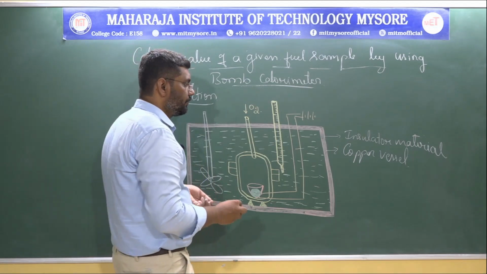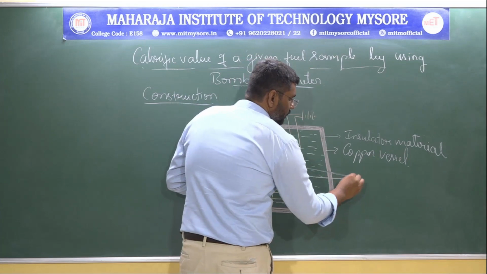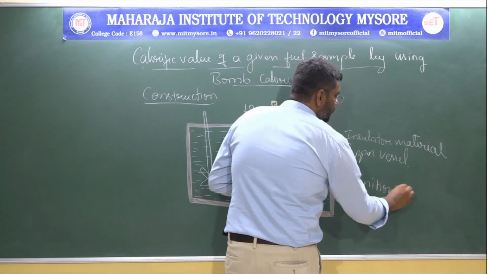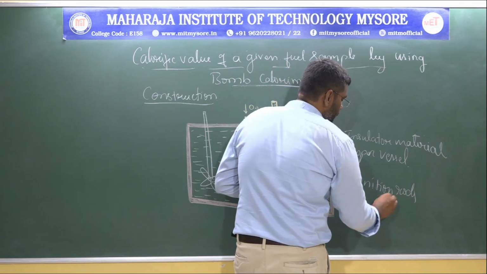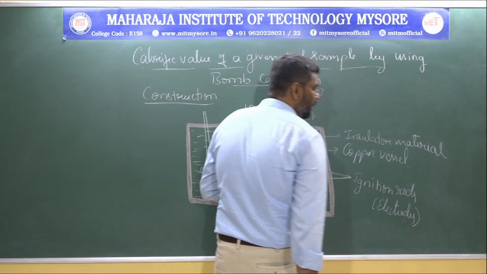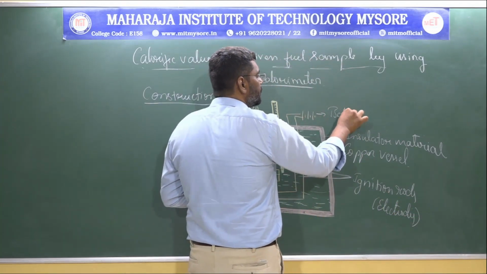Next, these are the ignition rods, which are nothing but electrodes, which help in the passage of electricity from the outer source, that is the battery.